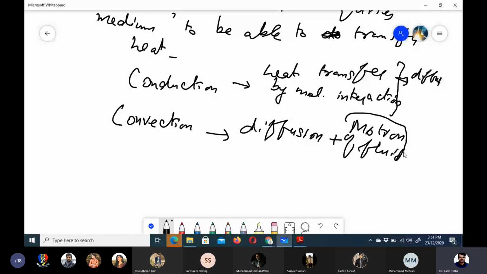Now, this motion of fluid gives you enhanced heat transfer. We also call it the advection phenomenon, or bulk motion. Bulk motion is motion in which all the molecules are moving in one particular direction.